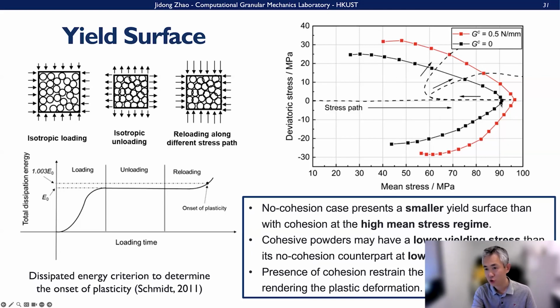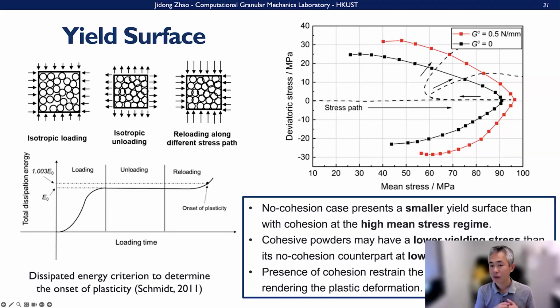Okay, and the control group that we consider is the zero cohesion case, and then also with certain cohesion. Apparently, the yield surface without cohesion, even though the particle itself is still highly deformable, is smaller than those with cohesion here, right? And if you look at the same mean stress levels, these are much higher than this one. The difference can be like 30 to 40%, even 50% here, right?